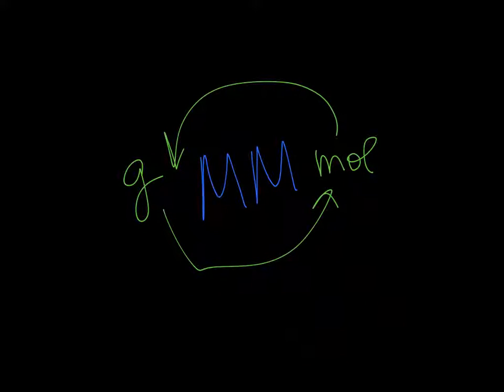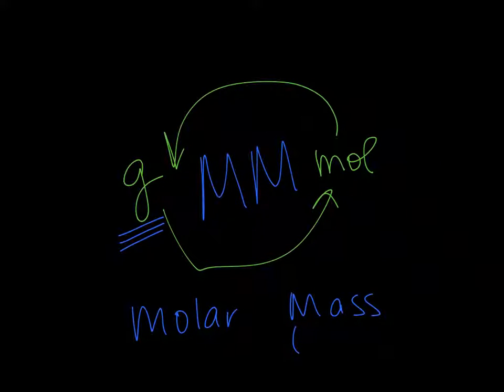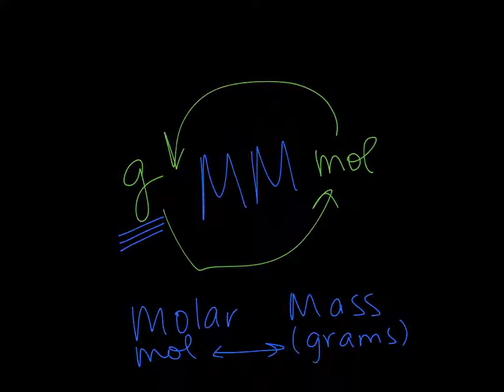Okay, so anytime you want mass or have mass, chances are you're using molar mass to get to moles or to come from moles. So anytime you want to go from grams to moles or moles to grams, you use molar mass, because mass is grams and molar is for mole. So we go back and forth between moles and grams using molar mass.